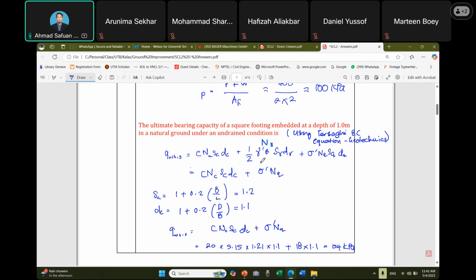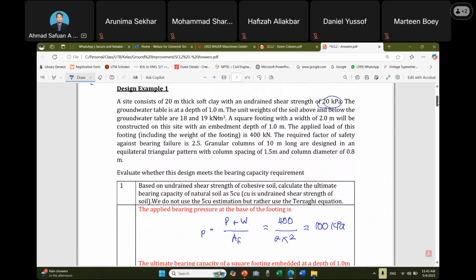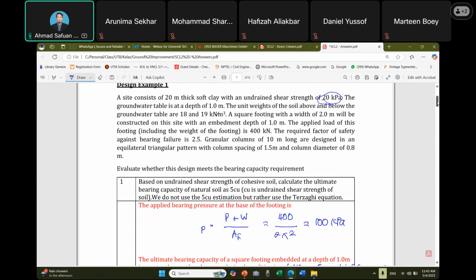So basically, we need to consider the N gamma as well. What is the value? Or perhaps the N gamma is 0, because this doesn't have any phi value.